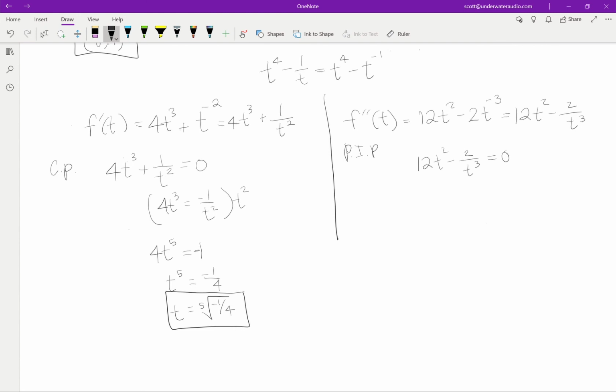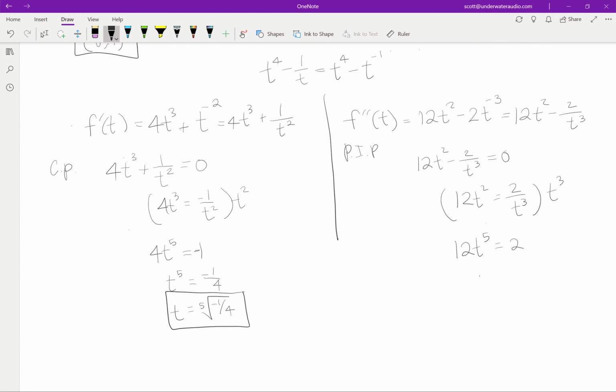I'm going to start by adding the negative 2t to the negative 3 to the other side, and then multiplying both sides by t cubed. That'd be 12t to the 5th equals 2.